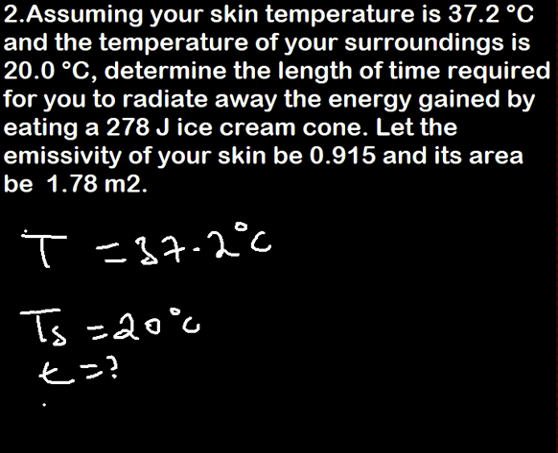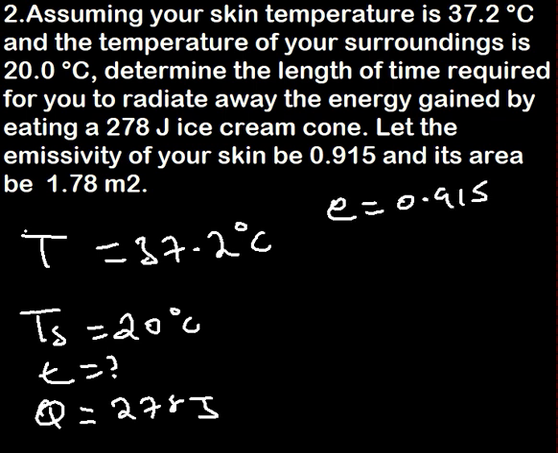We have the heat flow, that is 278 joules. We have been given the emissivity constant, which is 0.915, and we also have the area, which is 1.78 meter square.